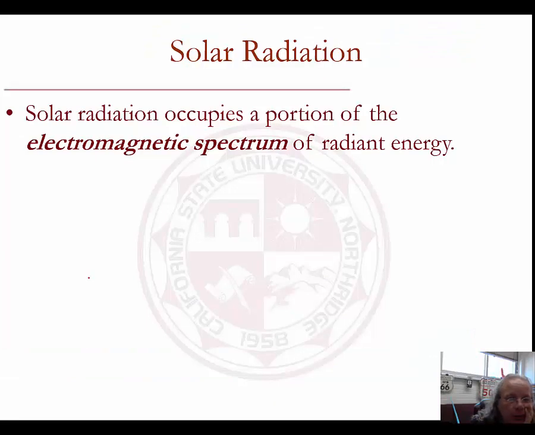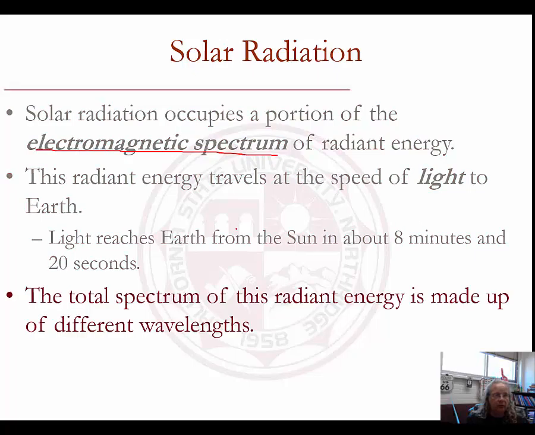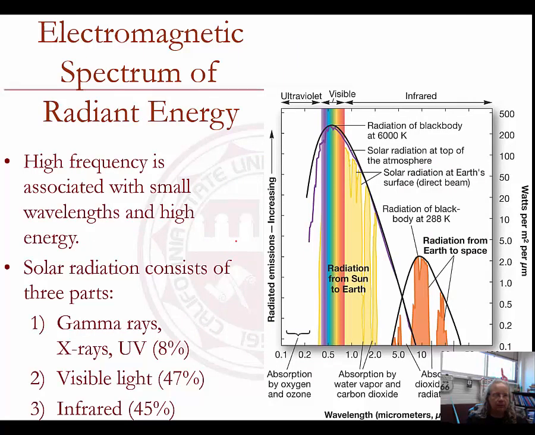All of this nuclear energy that's being produced inside the sun is radiated outward across a spectrum of energy. It comes to the Earth, takes about 8 minutes to get here, and it comes in different wavelengths.